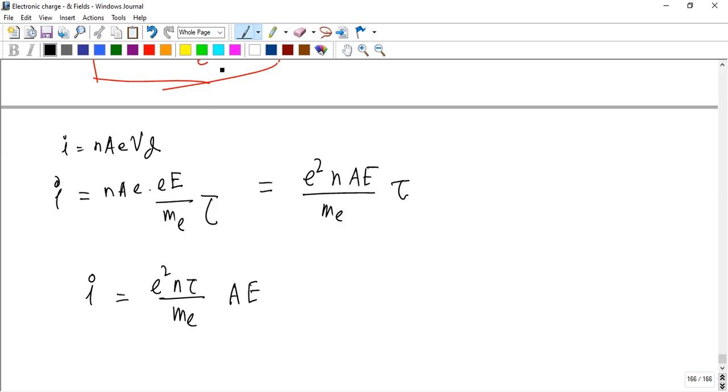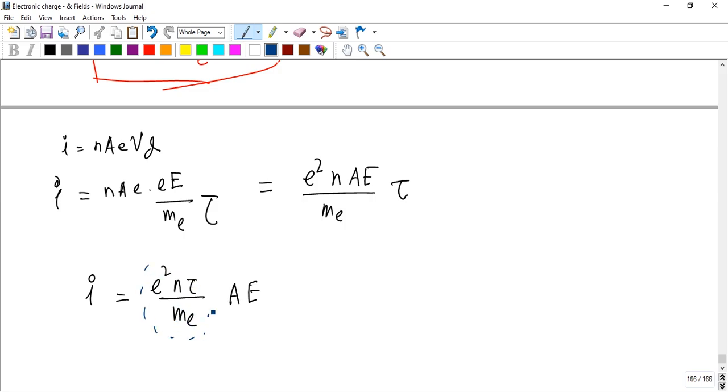Here e is a constant term, 1.6 times 10 to the minus 19 coulomb, n is the number of free charges, tau is the relaxation time, which is a constant, and the mass of the electron is also a constant.